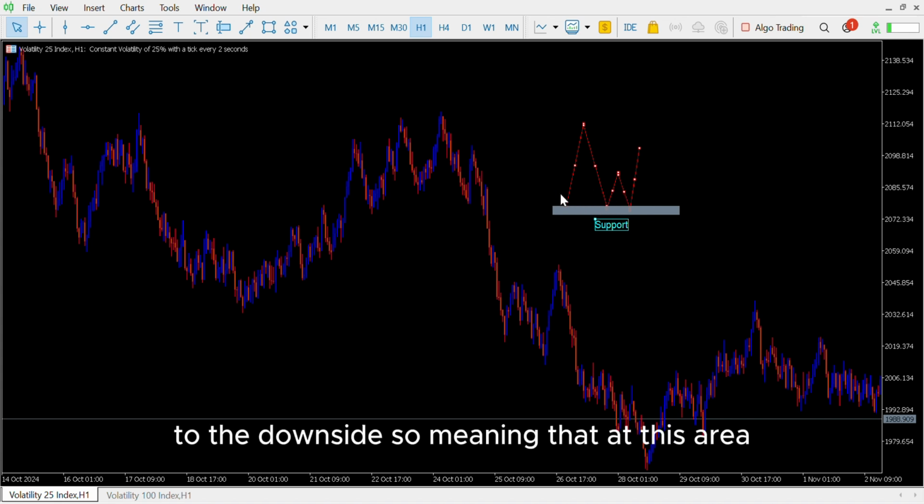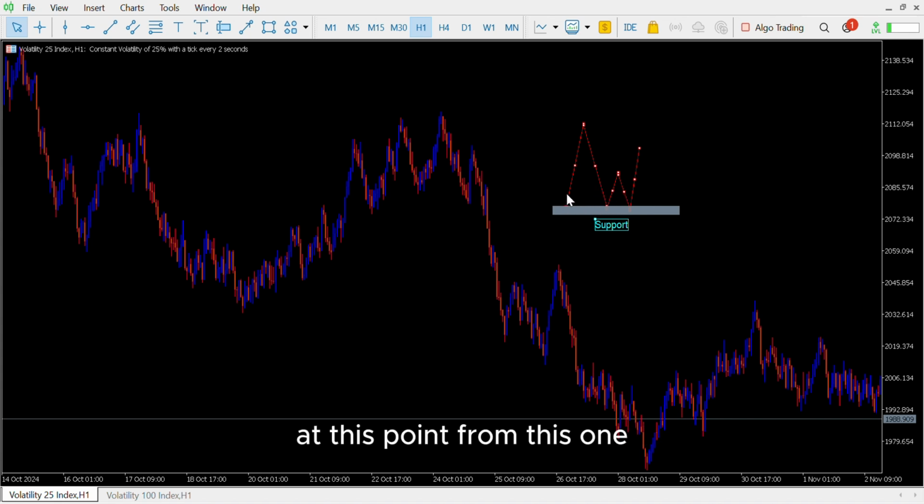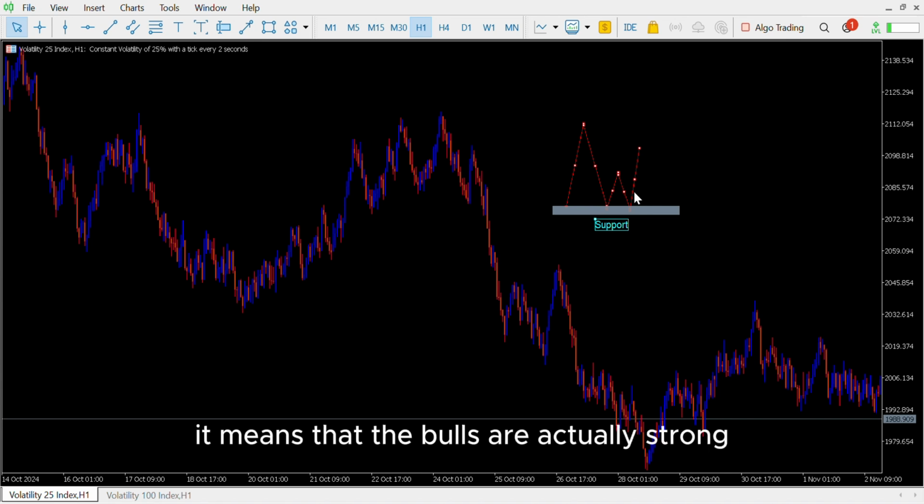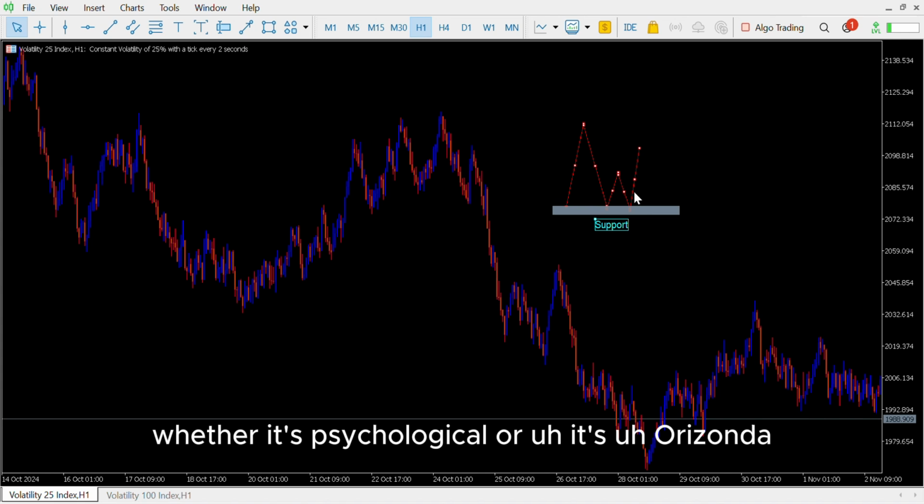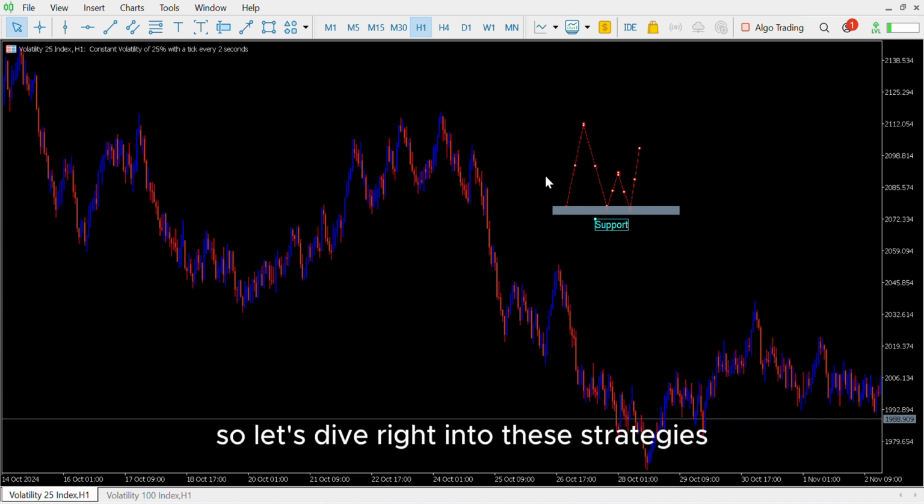So meaning that at this area, from this one and this one, there is what we call the buying power or the bullish power. So it means that the bulls are actually strong at this point, whether it's psychological or horizontal. So let's dive right into the strategies.